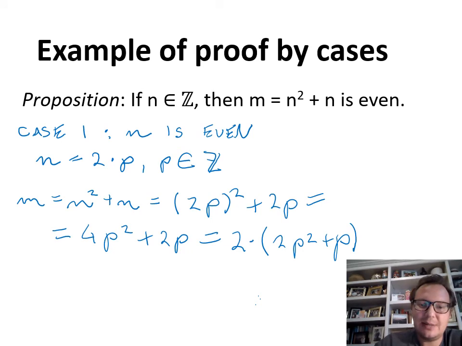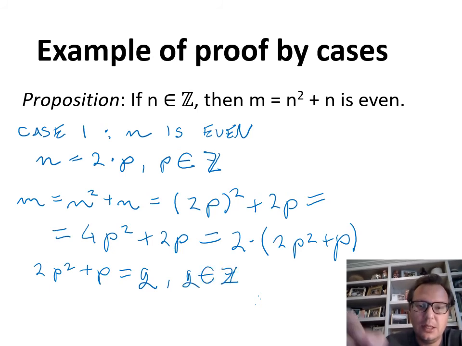Now we can substitute 2p squared plus p with q, where q is an integer. And we can do that because of closure properties of these operations.